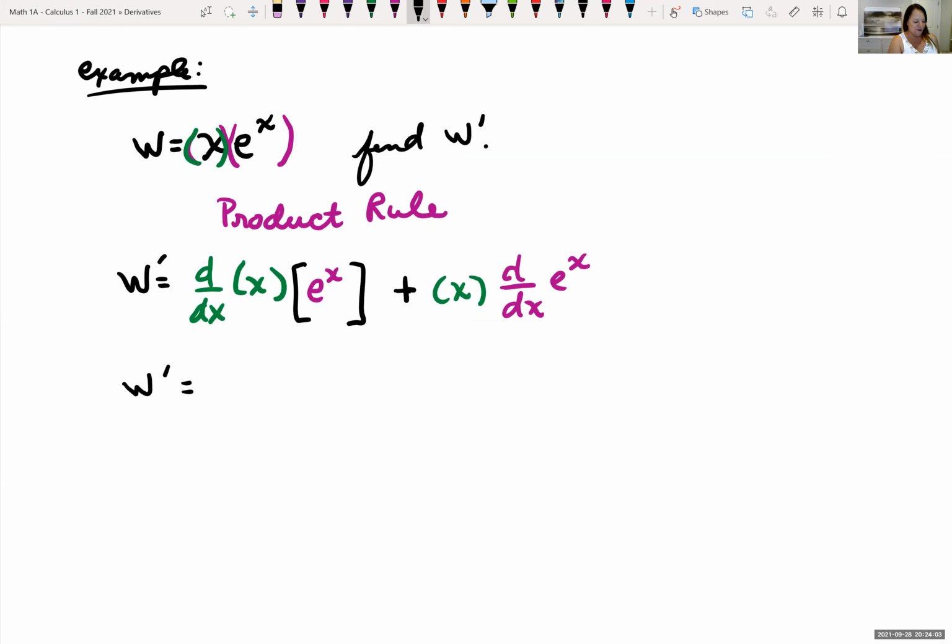So the derivative of w, the derivative of x, is just 1 times e to the x plus x times the derivative of e to the x, which is e to the x.